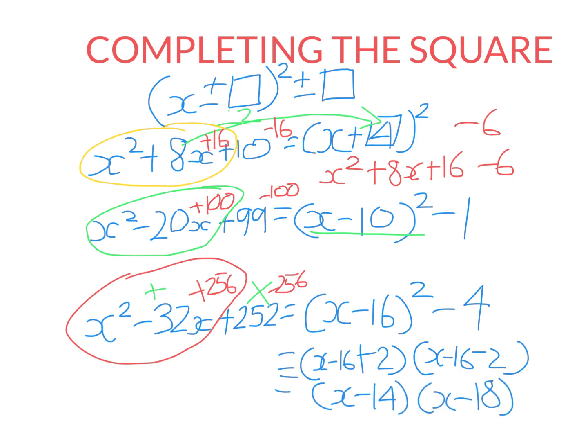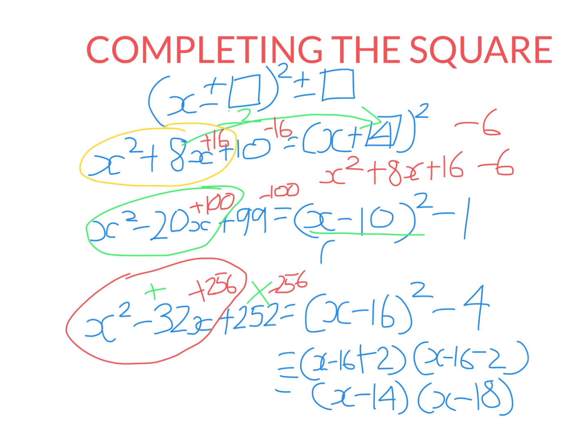So that's how completing the square can help us. It would have been pretty hard for us to realise that negative 14 and negative 18 were the two numbers that multiply to this and add to this. But completing the square allowed us to bypass that. Note, you can only factorise when this is negative, when it is the difference of two squares. Here we could factorise this.